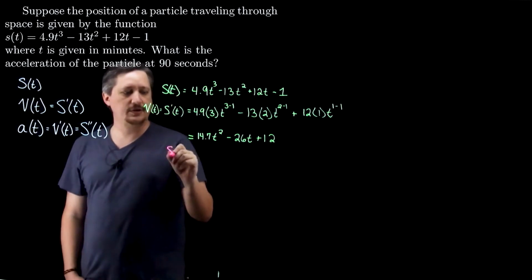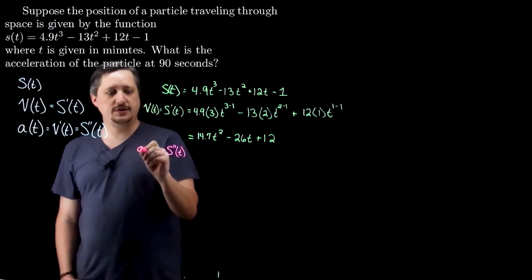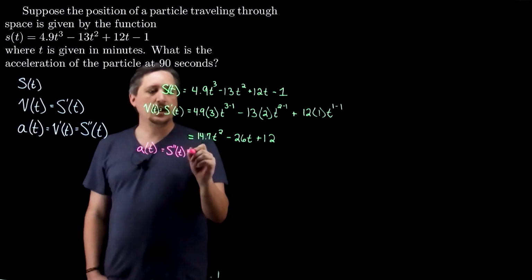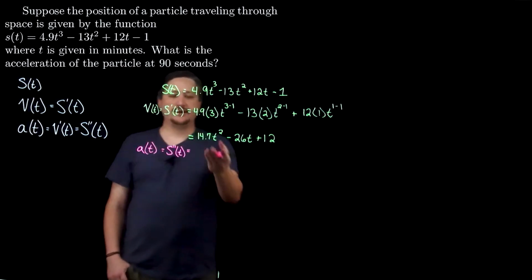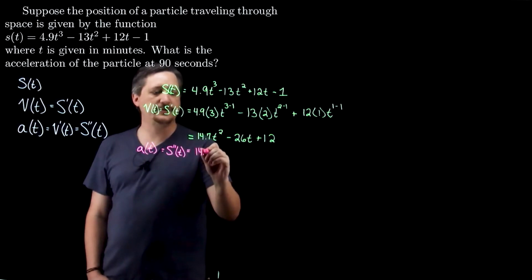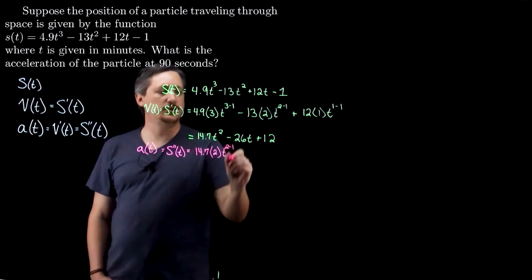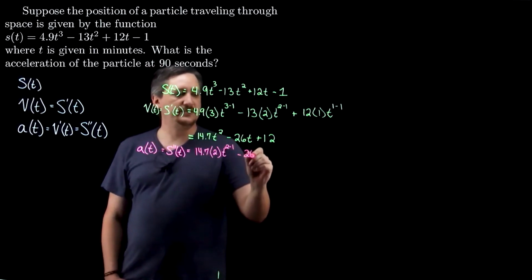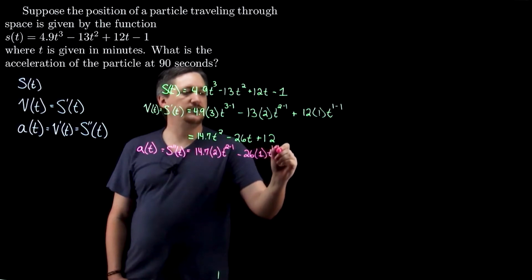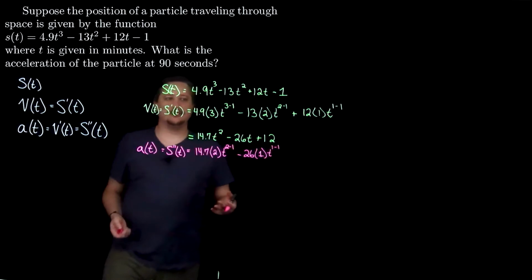So I want s double prime of t, which again, to be clear, is a of t. And the same deal, it's still a polynomial, so I'm going to take down the powers. This is 14.7 times 2t to the 2 minus 1, minus 26 times 1t to the 1 minus 1, and then the 12, the derivative of that, since it's constant, is just 0.